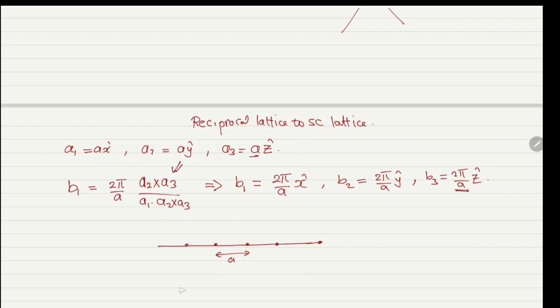Now, in reciprocal space, this is B. Now, the Brillouin zone boundaries are from minus pi over a to pi over a.